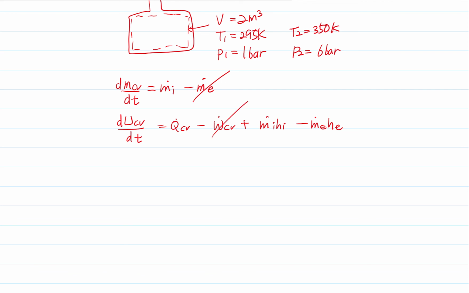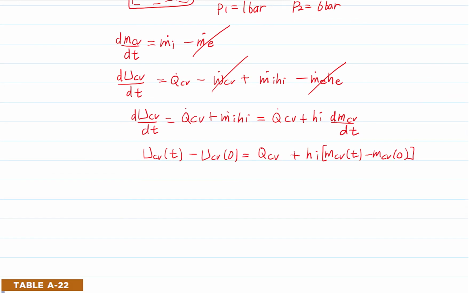There is no mass leaving the system. The simplified equation becomes, plug in the energy balance equation and integrate from time 0 to t. Or we can write m2 u2. So we solve it for the heat transfer to the system.